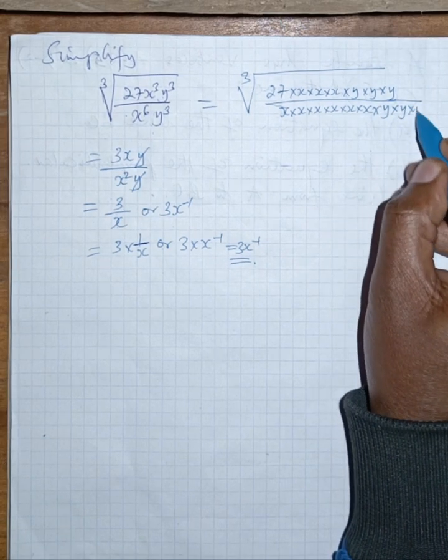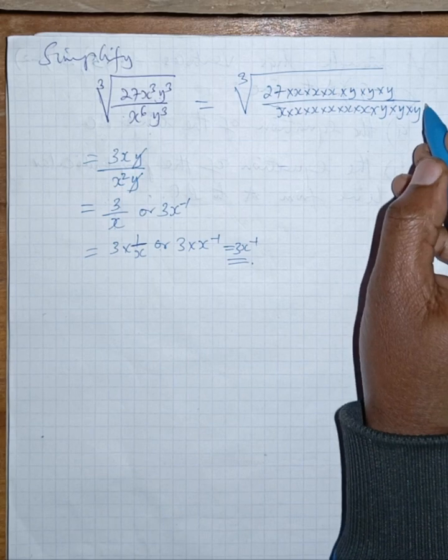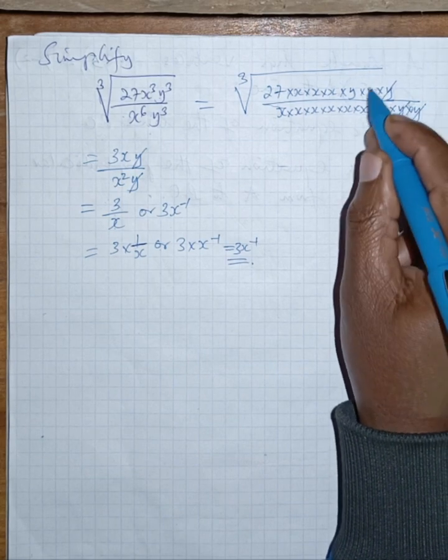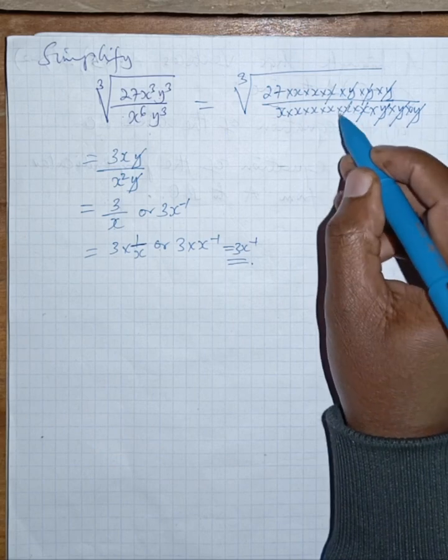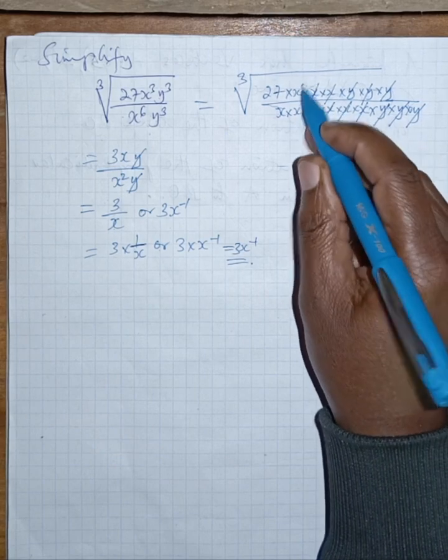Then I cancel y and y, y and y, y and y. Then x and x, x and x, x and x.